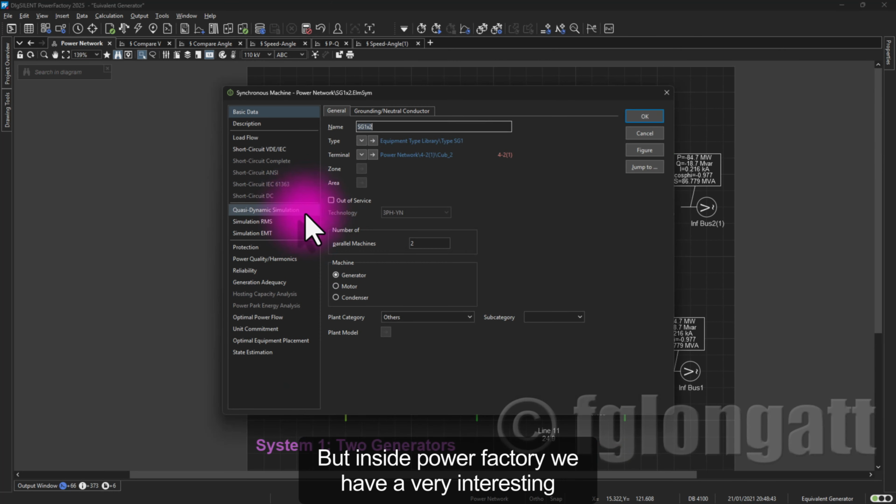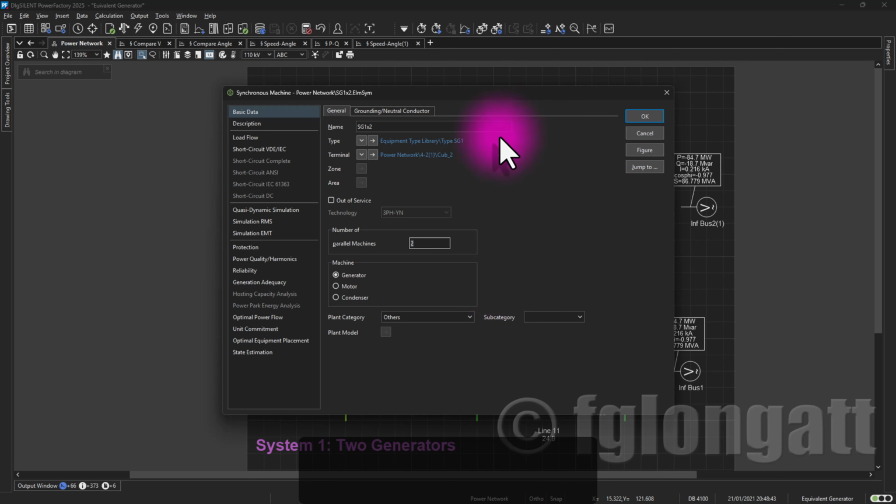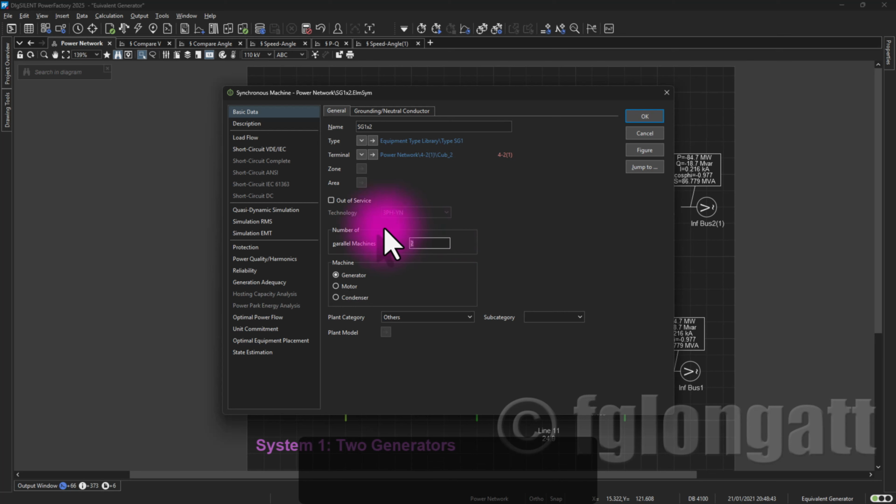But inside PowerFactory, we have a very interesting parameter that is called parallel machines. So if I use here two parallel machines, PowerFactory will consider that with this basic data inside the element, we are having in reality two machines.